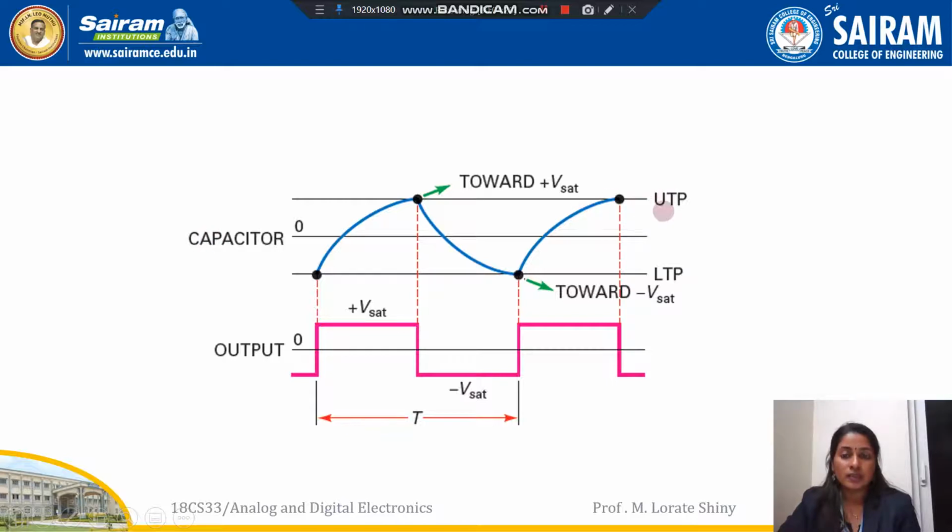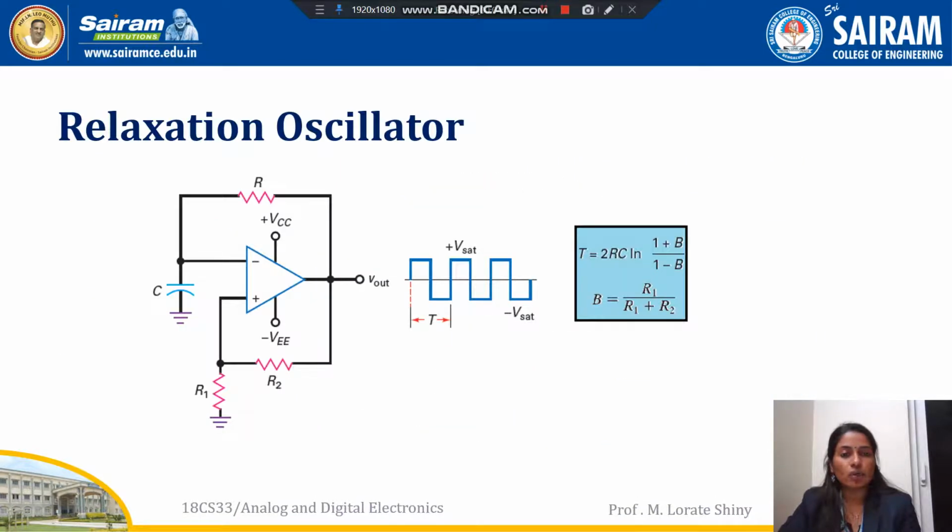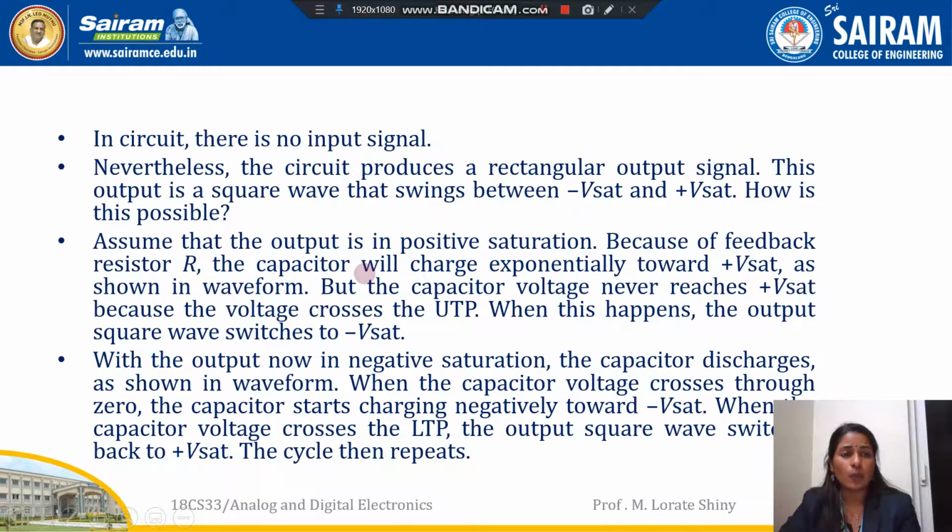This is the upper threshold voltage and lower threshold voltage. See the output, it switches between plus Vsat and minus Vsat. Now see, there is no input but still we get the output from this circuit. We'll see how.